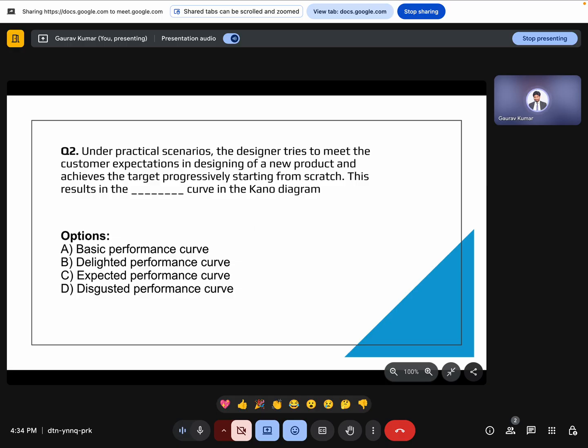A basic performance curve refers to must-have features, and an expected performance curve shows linear growth in satisfaction as features improve. The disgusted performance curve is not a part of the Kano model at all. Hence the delighted performance curve is the only correct fit for this progressive design scenario.